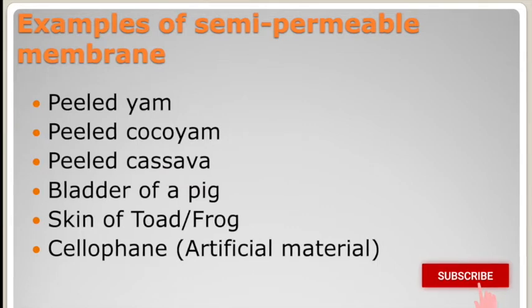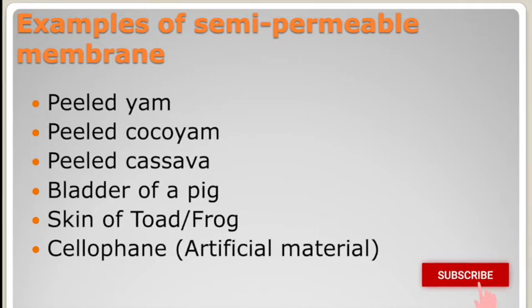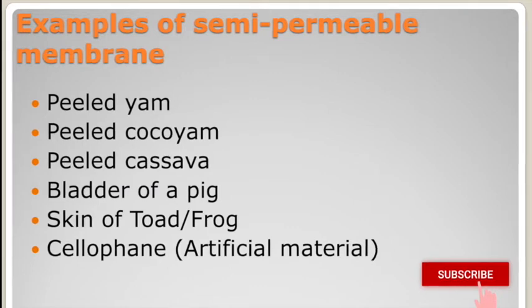Let us now look at examples of living tissues from animals that can be used in the lab as a semi-permeable membrane. So we have the bladder of a pig. When a pig is killed fresh and dissected, the intestines are removed, and you can remove the bladder and use it for such a purpose.